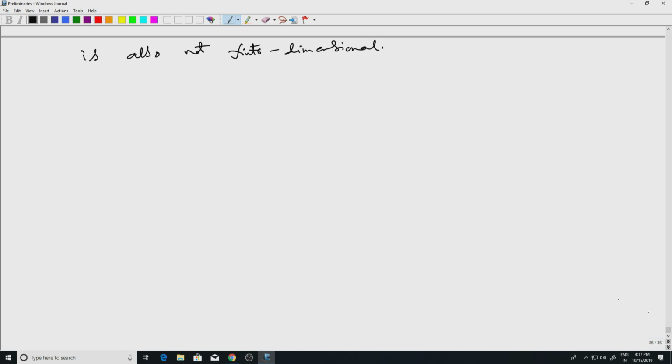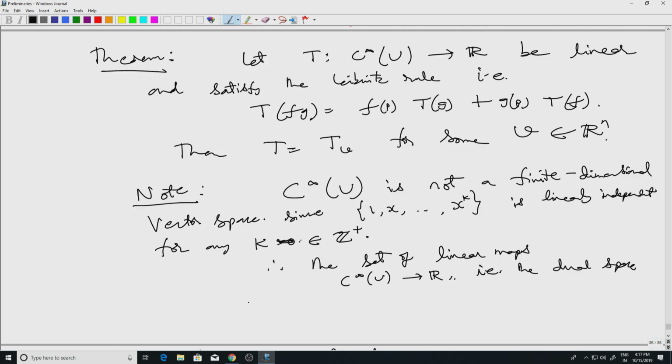So in this theorem, there are two conditions on T. One is that it's linear, and then the Leibniz rule. If we just had linear, then the set of such maps would be a very large space, an infinite dimensional vector space. However, the moment you impose linearity plus Leibniz rule, the theorem tells us that the set of such maps is severely restricted.